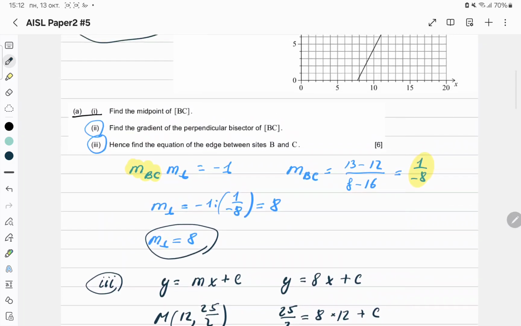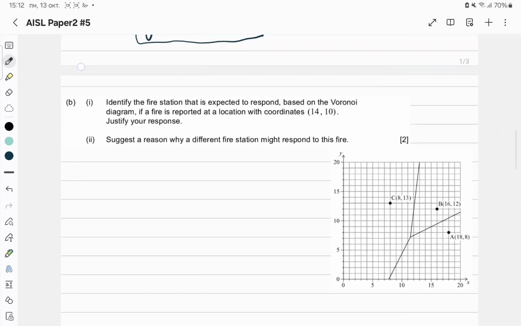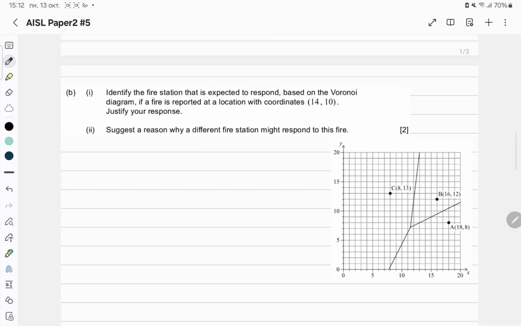Now let's turn to part B. Part B says identify the fire station that is expected to respond based on the Voronoi diagram if a fire is reported at the location with coordinates (14, 10). Justify your response. There are 2 marks, so the answer should be short.